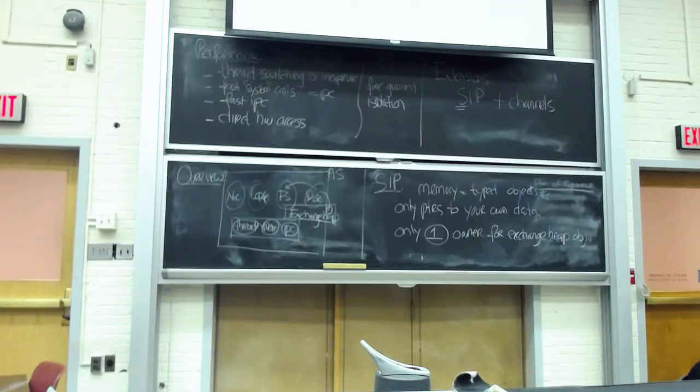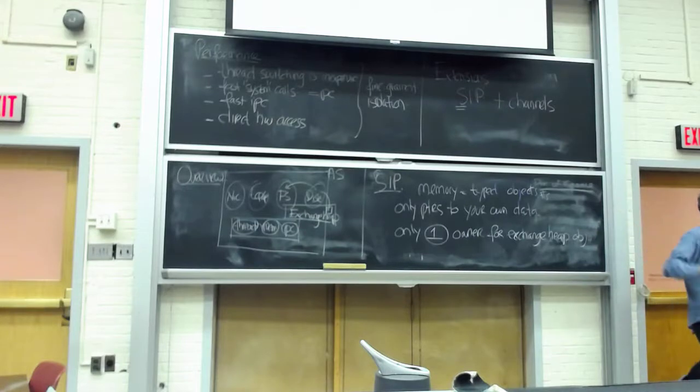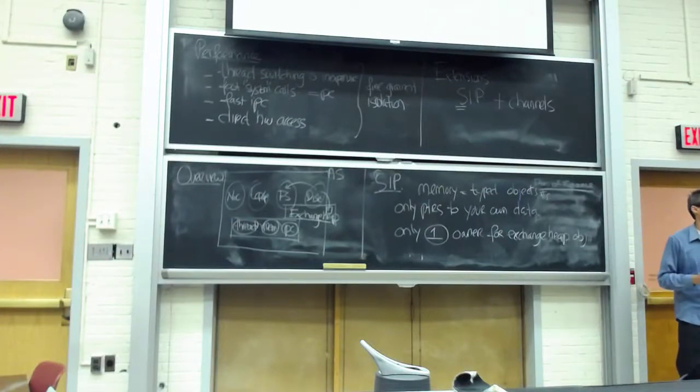And this is all disallowed in the SIP world. In the SIP world, the only way two processes or two threads can interact is through IPC. Does that make sense? I'm harping a little bit on this because it's quite a different model than you might have encountered in the past.